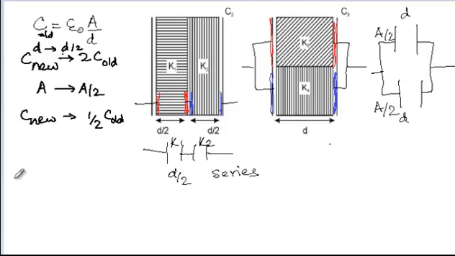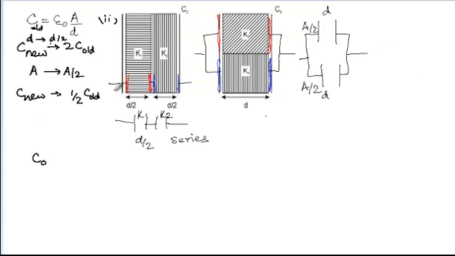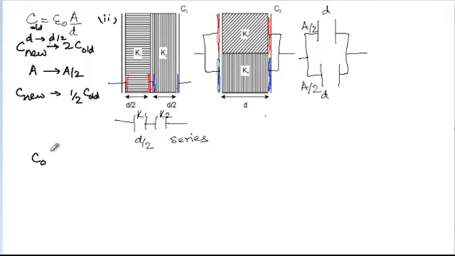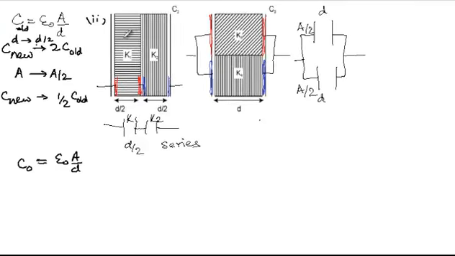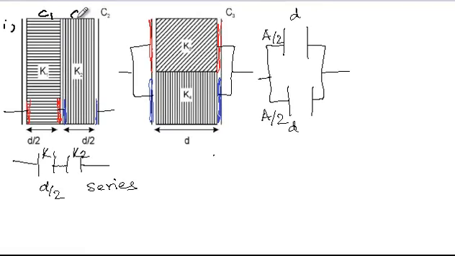So coming back to this question over here, the second part, let's find the equivalent capacitance for this series combination of the two capacitors. Now let's say C naught is equal to epsilon naught A by D. So the capacitance of the first capacitor over here, I'm calling this C1 and C2.